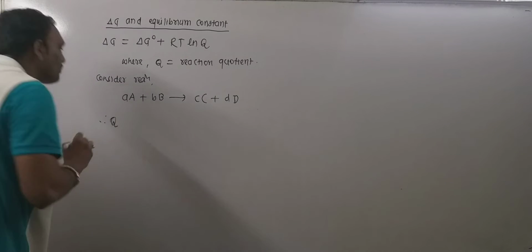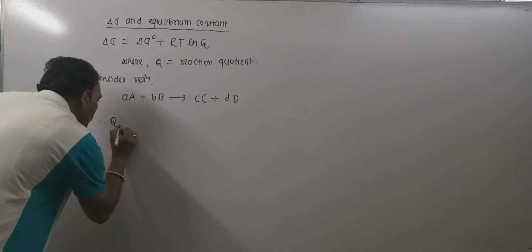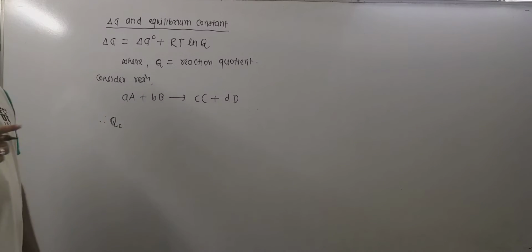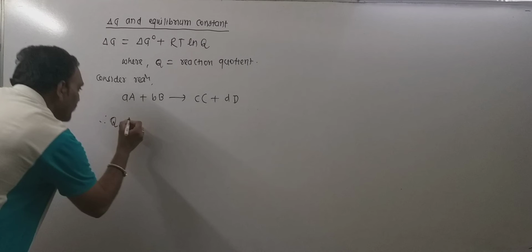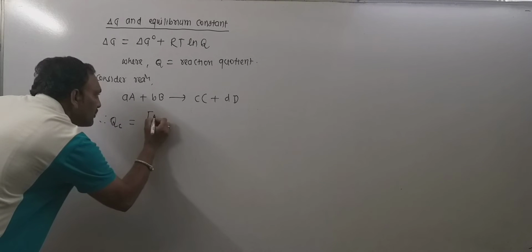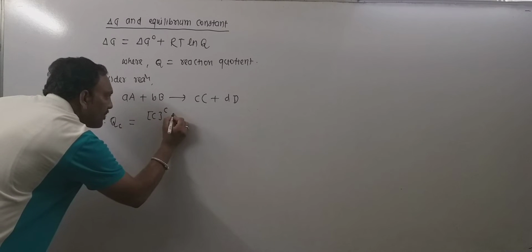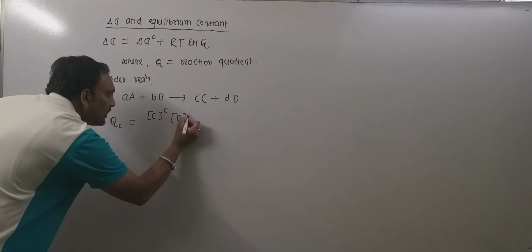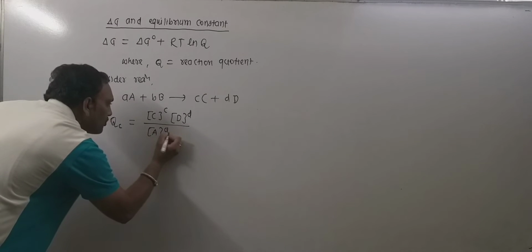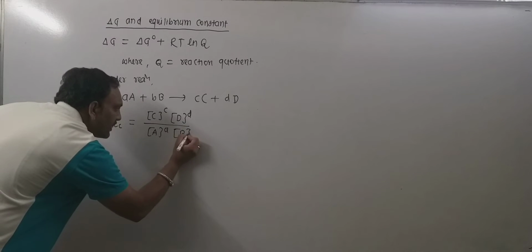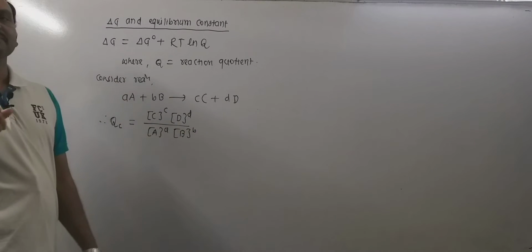Thus the reaction quotient Qc, where the subscript c indicates molar concentration, equals concentration of C to the power c into concentration of D to the power d, upon concentration of A to the power a into concentration of B to the power b.